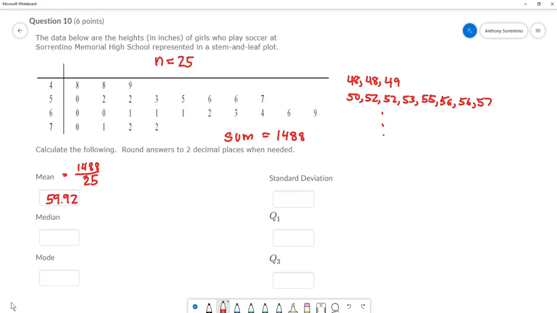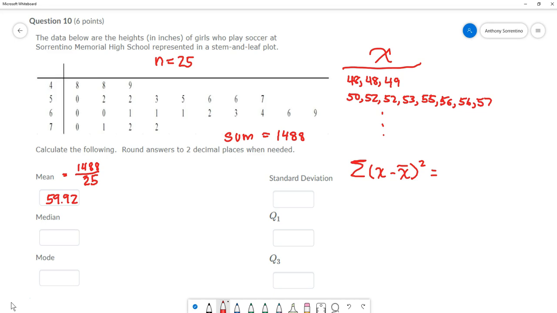I'm going to work on the standard deviation now because the rest of it's on the easy side. So I had that 59.92, so I have to take each one of these x's. These scores would be my x's. I have to take each one of them, minus the mean, square them, and then add them together. That's what this symbol means.